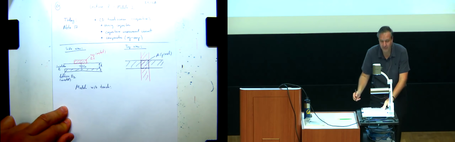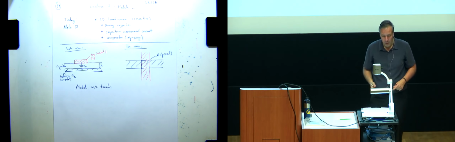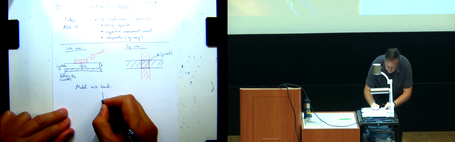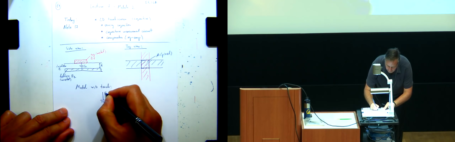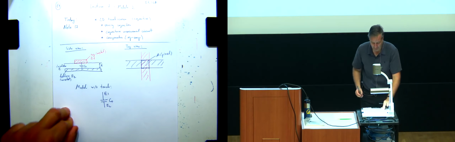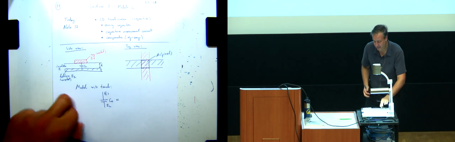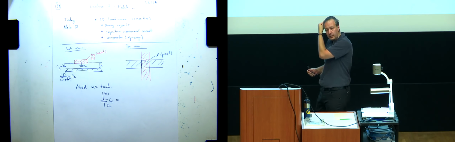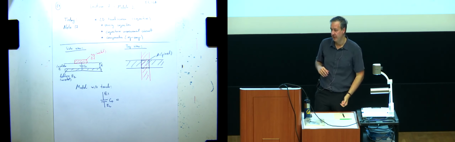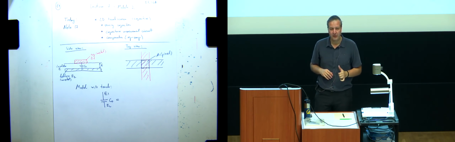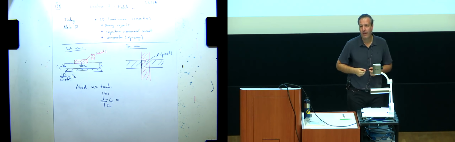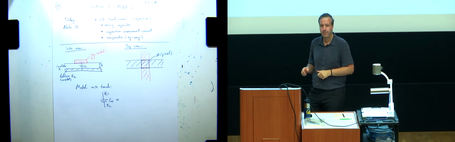So this is the physical geometry without touch. And then for the model, I can just draw a capacitor, right, just like we said. It's electrode 1, electrode 2, and some capacitance C0. And what is that capacitance going to be equal to? Last lecture we did at the end a little bit of 16A capacitor physics. I think it's enough for you to figure out what this capacitance is. Any suggestions?